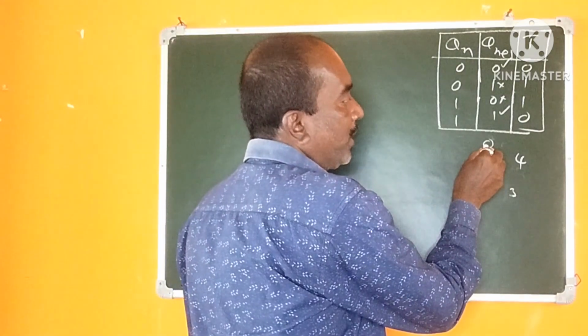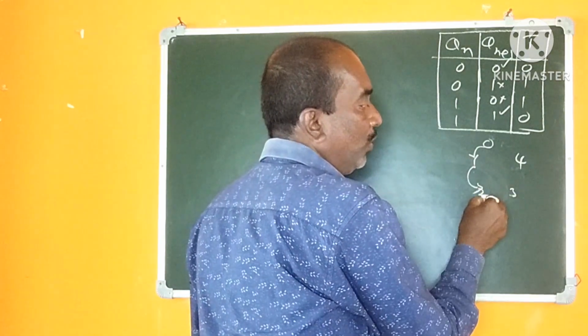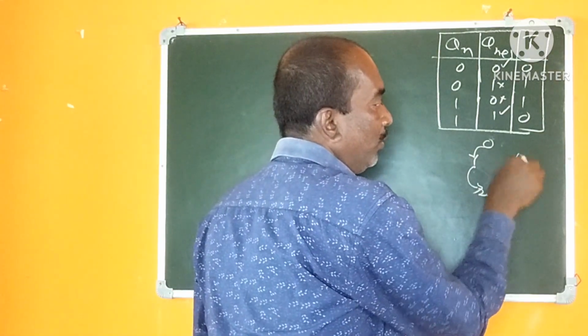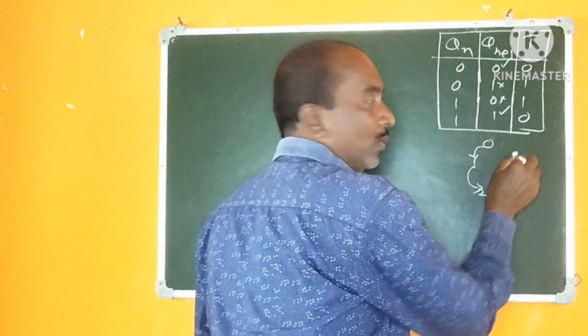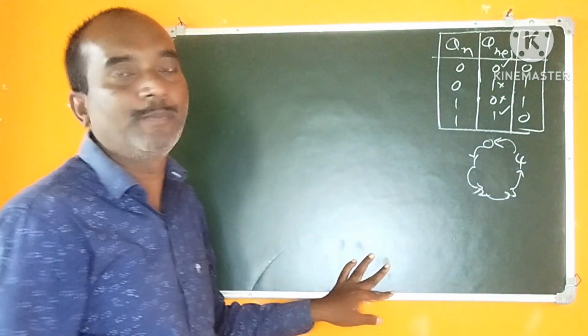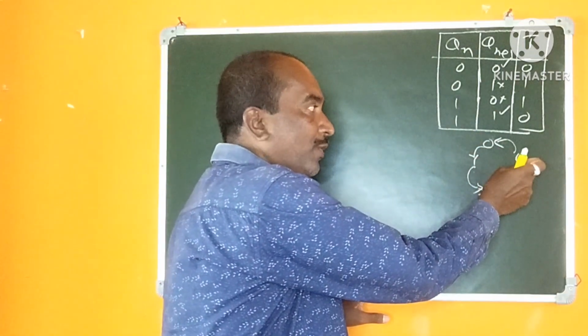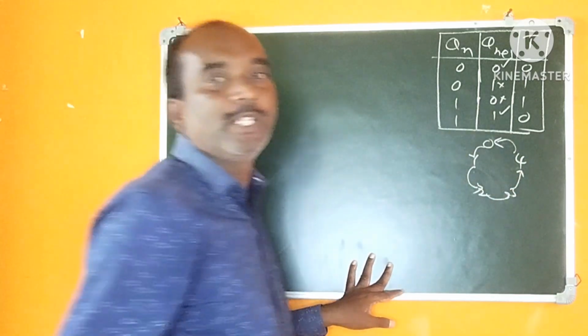If the present state is 1, it can move to the next state. If the present state is 2, it can move to the next state. After 4, that means after the 5th state, it moves back to the original state. So 0 to 4, after completion of the 5 states, it will reach the original state.